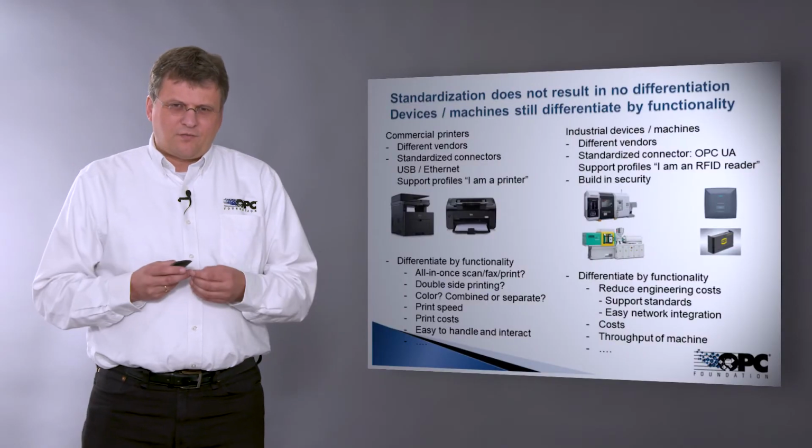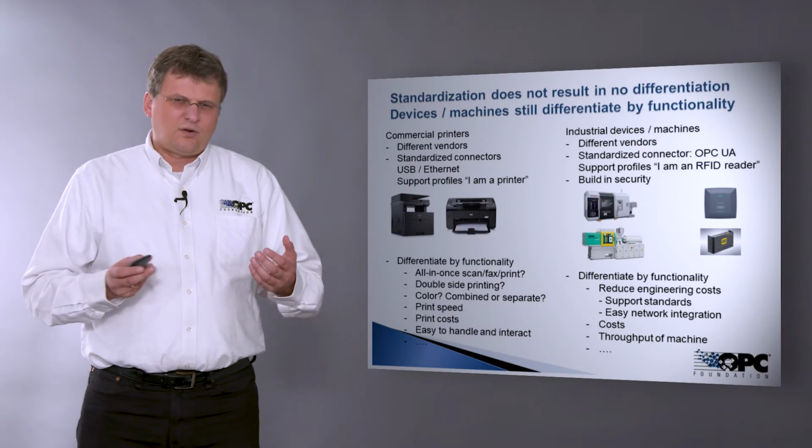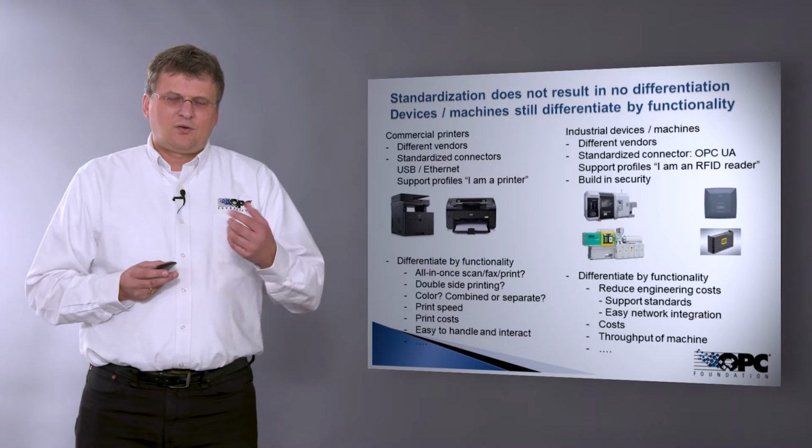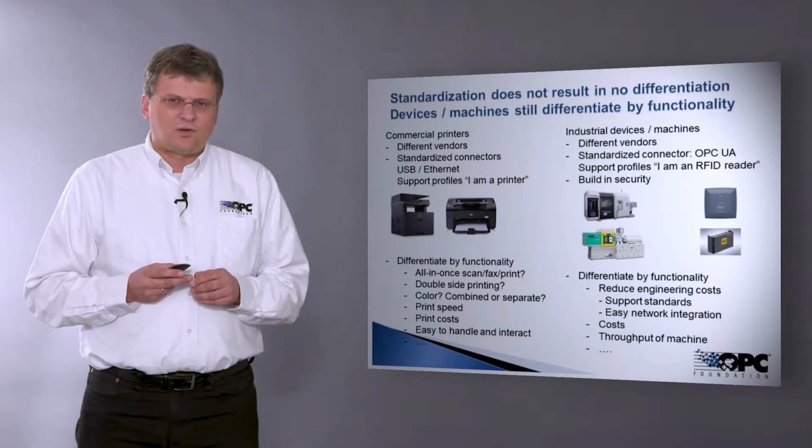Let's think about this. If we standardize everything, is that good or is that a bad story, because then we get replaced? Let's look at our private consumer world. If we buy a new printer, we go to a shop and obviously all these printers have the same interfaces. They provide a USB connector or TCP or wireless, but that's exactly what we expect and that's why we buy it.